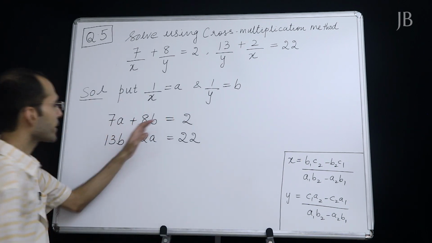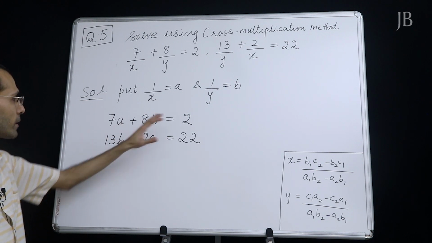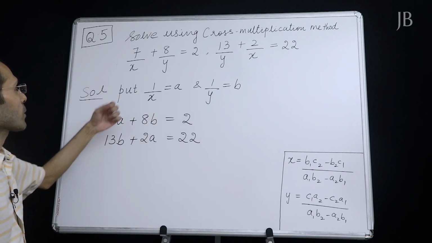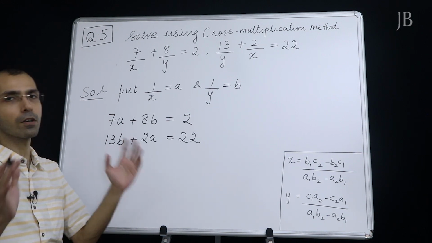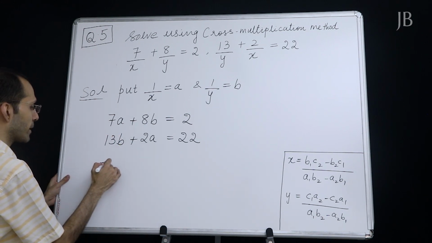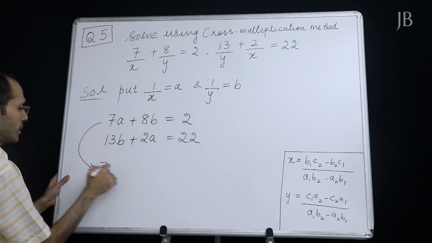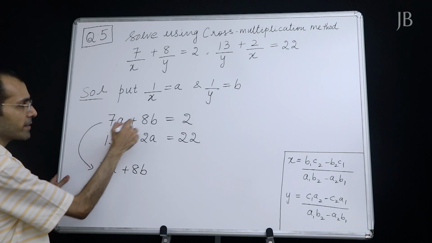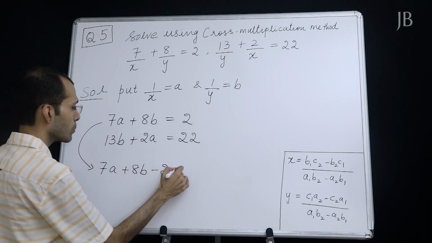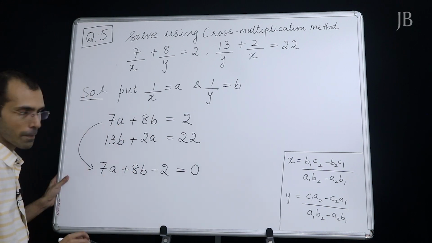Now we will have to arrange this. This is not in a proper form. You know, cross multiplication method says give me the equation in proper form and then I will work for you. Okay, so this will become 7a plus 8b, first root is a, second root is b, minus 2 equaling 0.